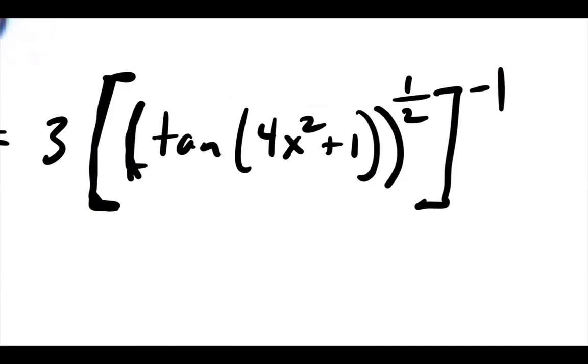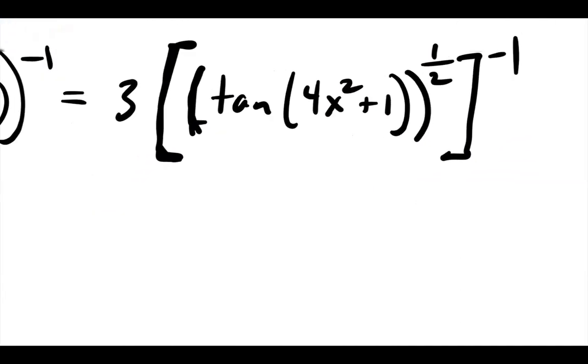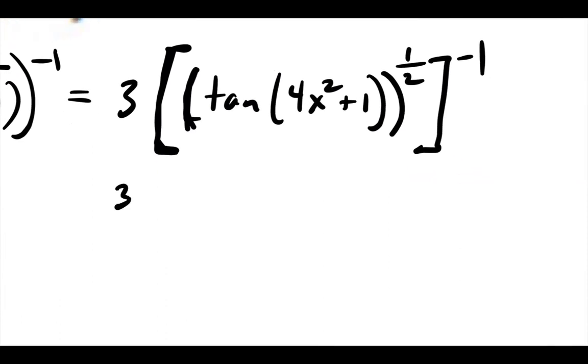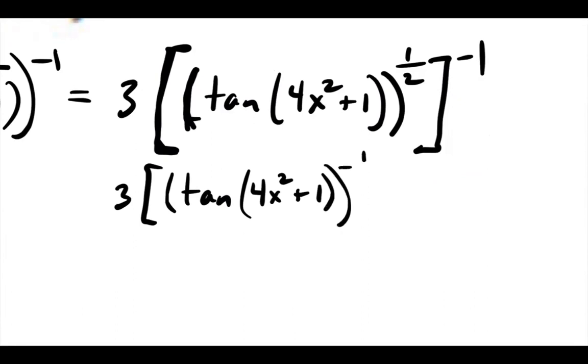So I can combine 1/2 times negative 1, which is negative 1/2. So that gets rid of one layer.